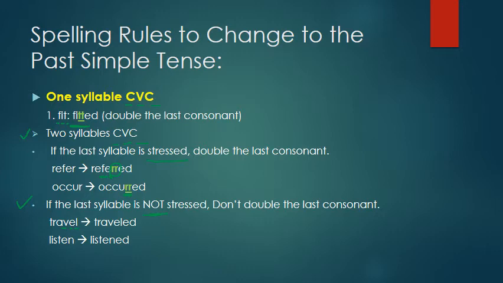I do not double it, I keep it as it is and add ED. Listen, I did not say listen, it's not stressed, so all I do is add ED.